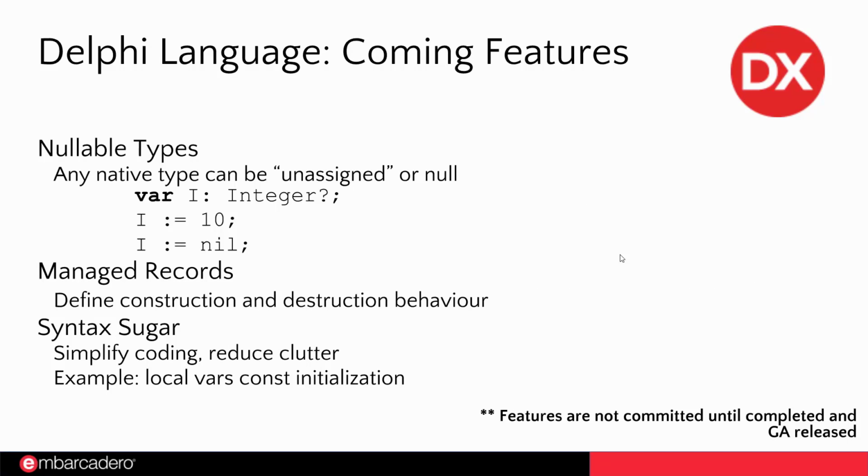While C++ news is really interesting, there is also something that we are actively working on in terms of the Delphi language. We have a number of coming features. The most relevant one is nullable types. This is the ability to have, for any native type, an unassigned value or a null value.